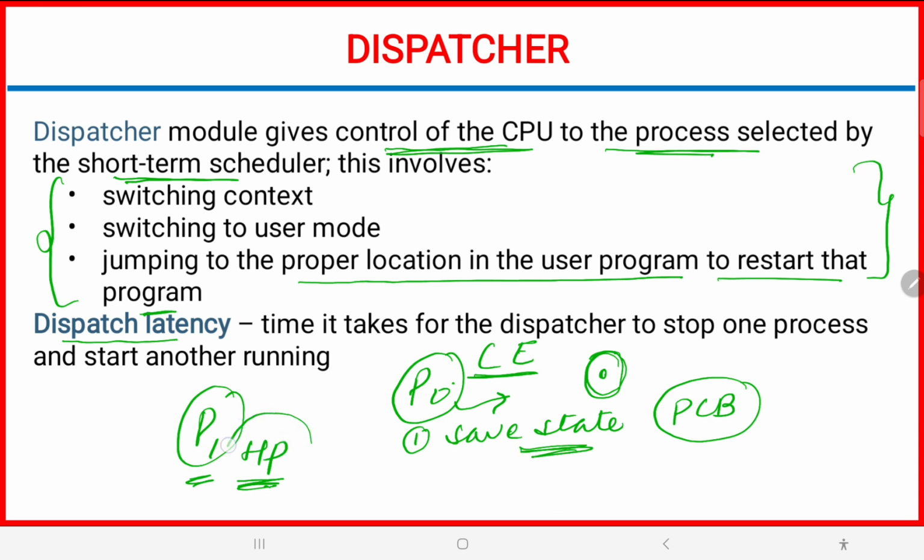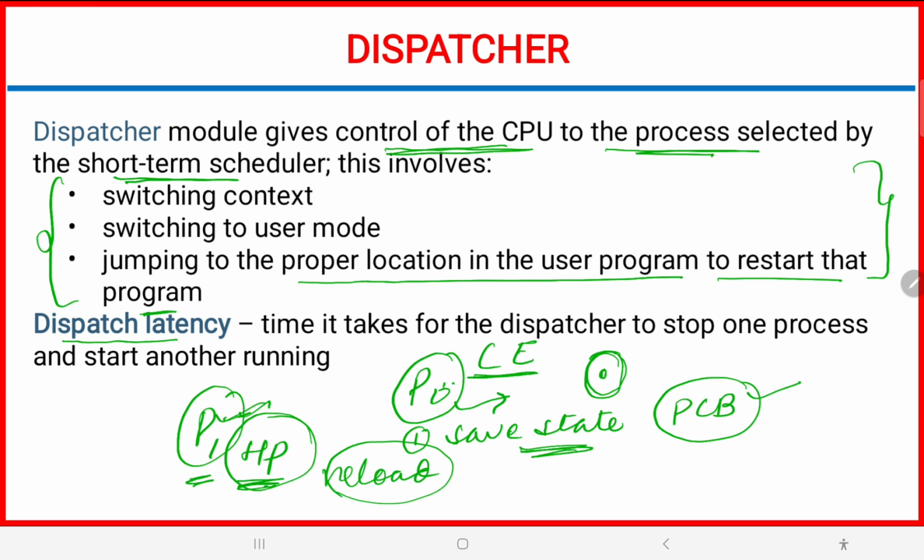Then we need to reload the state of process P1. So first of all, the process is stopped, its state is saved, then we are reloading the state of the process P1, and once this entire thing is done, then only the CPU will be able to work on the process P1.